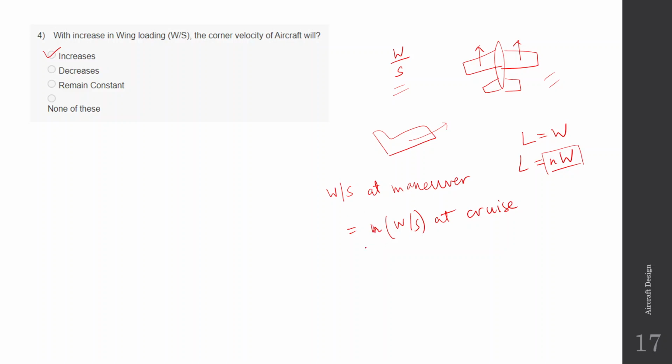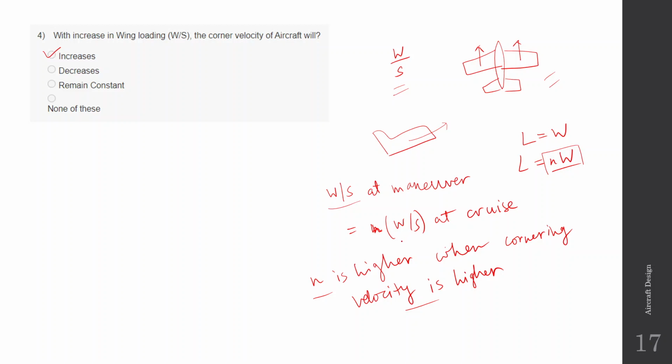And now when is the n going to be higher? N is higher when the cornering velocity is higher. So when the cornering velocity is higher, the n is higher, which contributes to a higher wing loading.